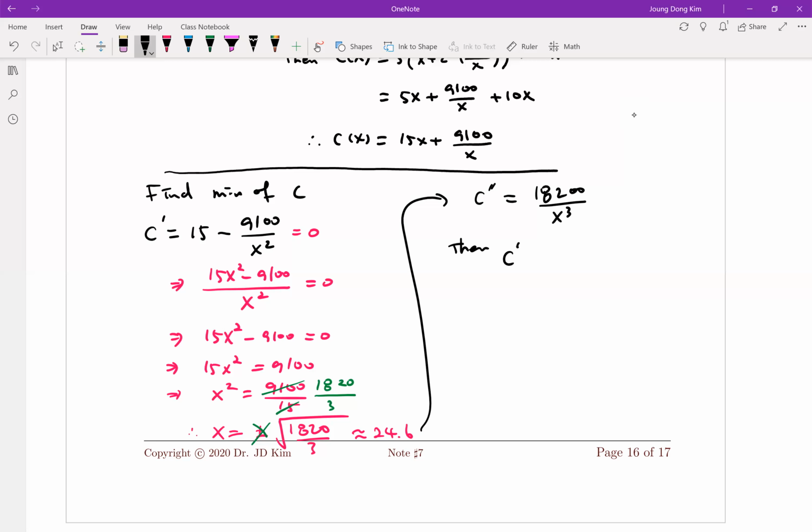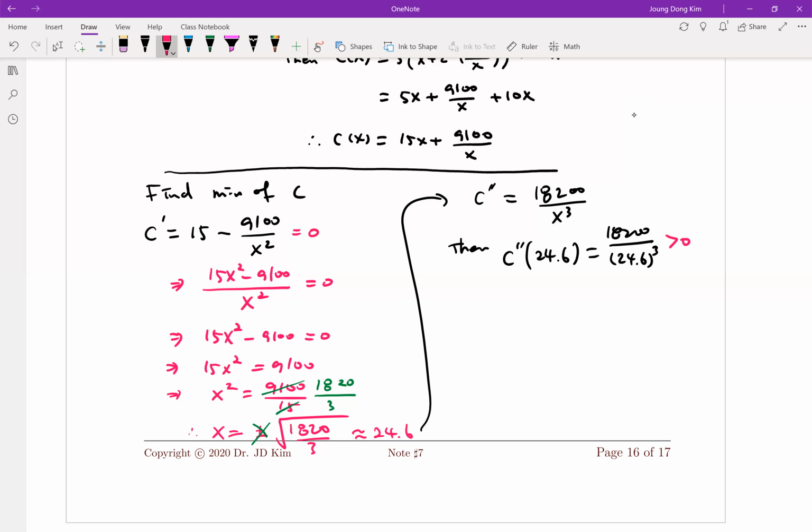Then we substitute my critical number and check the sign. As you can see here, definitely it is positive. What does it mean?